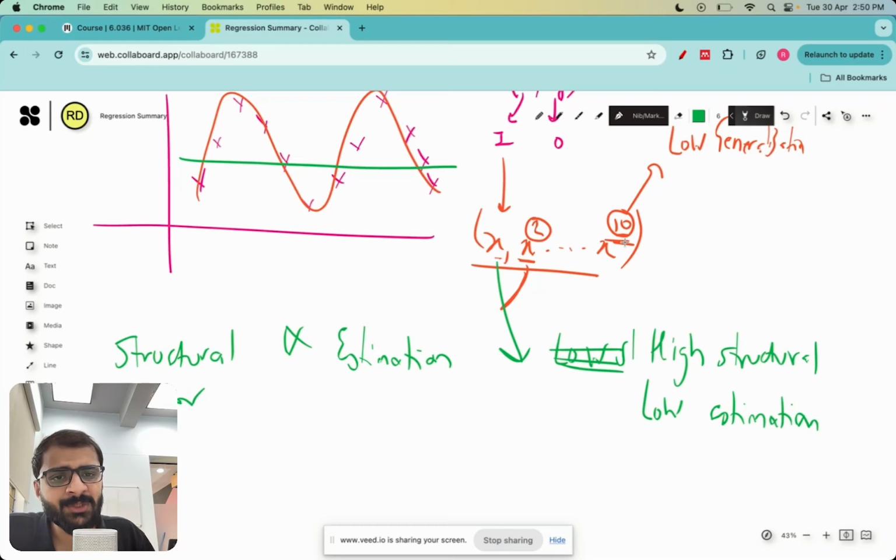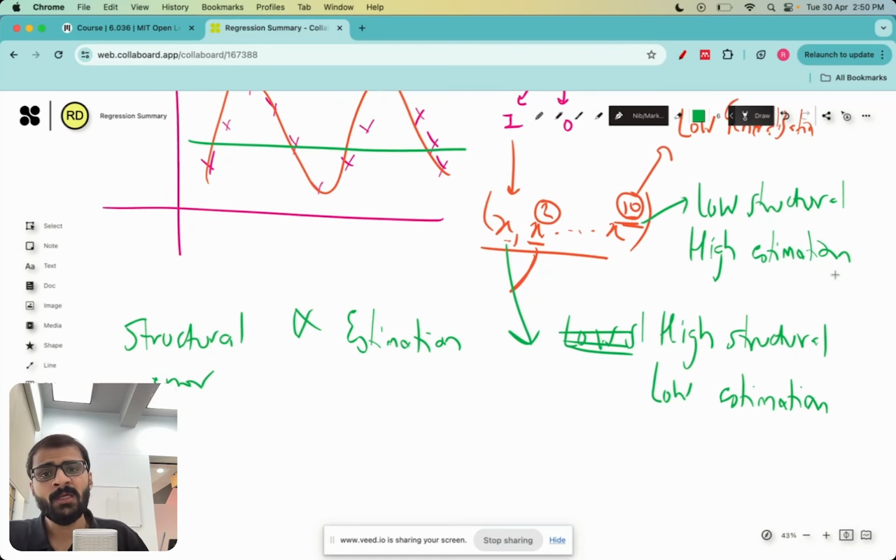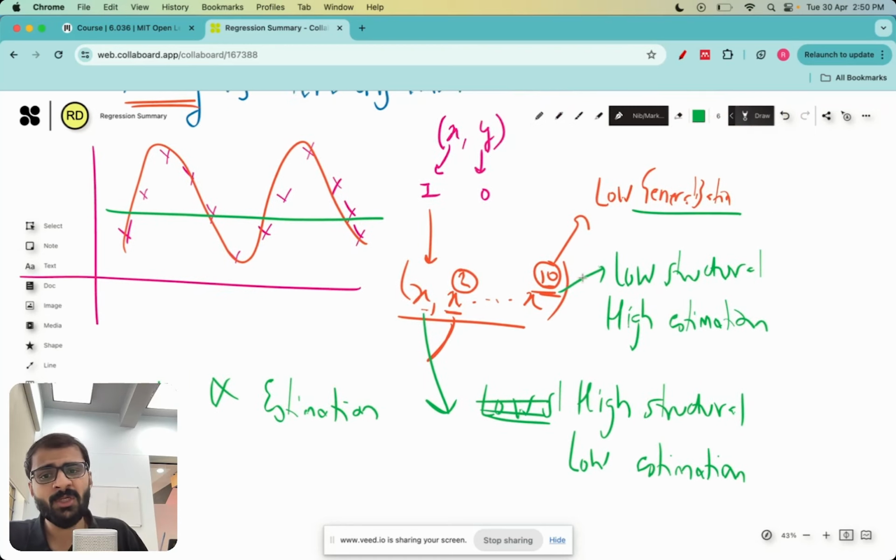But if we use x raised to 10, this will lead to low structural error, because we will capture the structure of the data pretty well, but it will lead to very high estimation error, because this hypothesis will likely have spikes, and it will likely capture the noise in the data, and it won't do well on new data. So generalization or estimation means performance on new data which this algorithm or hypothesis has not seen before. So this is the tension of machine learning.